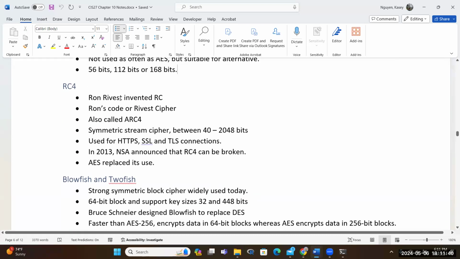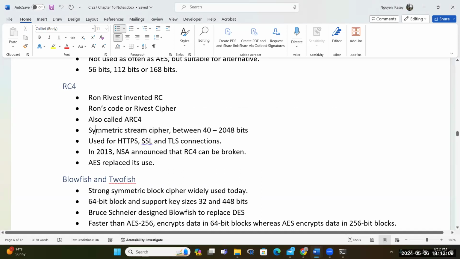RC4, Ron Rivest, right? He still shows up at various conventions and security events. So if you ever get a chance to meet him, it'll be a good thing for you because he's very famous for creating ciphers. So he speaks at various events. So RC stands for Ron's Code. And the prior versions have been compromised. This is a stream-based cipher, but it is symmetric.